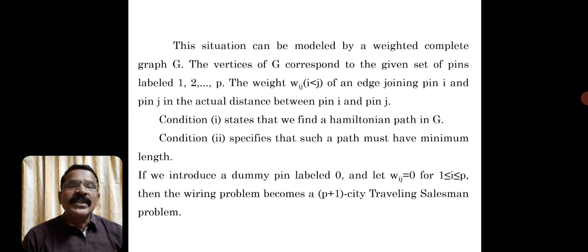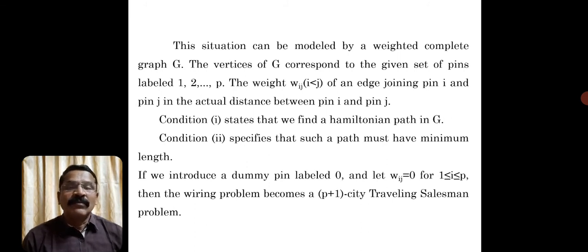So if we introduce a dummy pin labeled 0 and let W0i equal 0 for 1 less than or equal to i less than or equal to P, then the wiring problem, where you are joining the pins by wire, becomes a P plus 1 city traveling salesman problem.